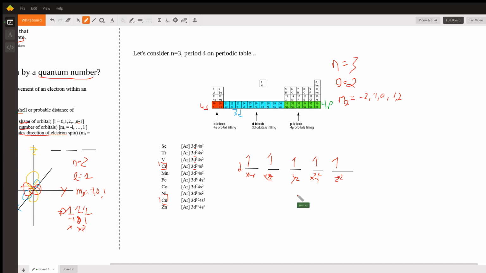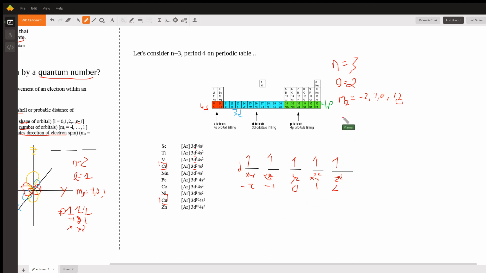So each of these numbers corresponds to a particular orbital within d. Minus 2, minus 1, 0, 1, 2. So when it's half filled, it's going to be corresponding to z squared. So we realize that the magnetic quantum number associated with a half-filled is going to be 2.